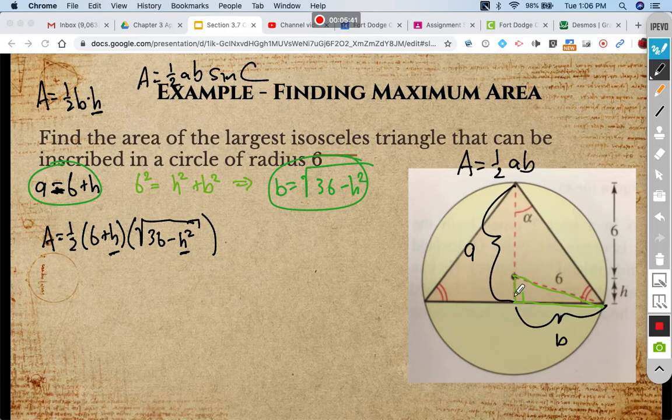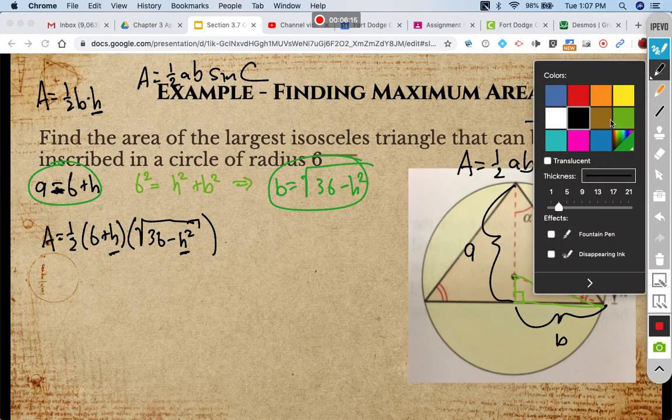Well, h is how far we're going past this center point, so h has to be less than or equal to 6. Now, what happens if we go this way? We could still use this as 6 plus h and count this as a negative h, and we could take triangles going up this way, so we could go all the way to negative 6 if we needed to.